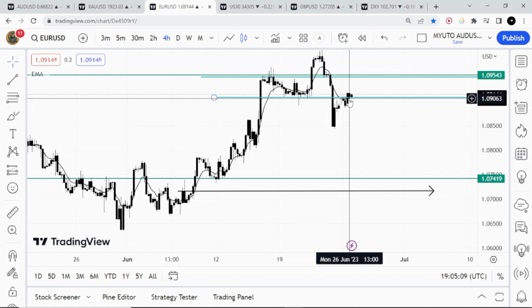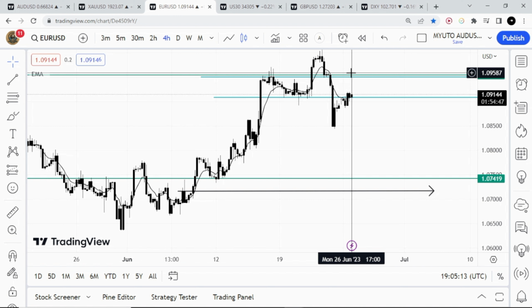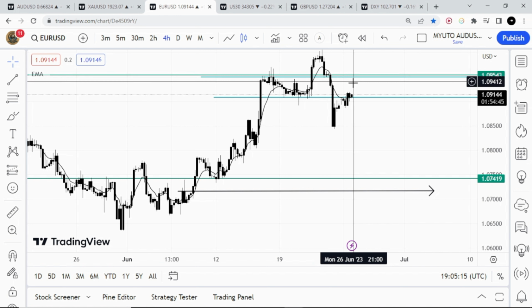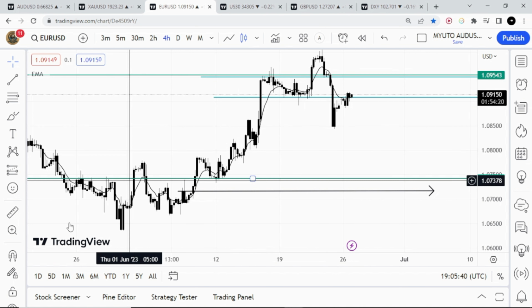If it does not find resistance here, we might come up to 1.0958 or 1.0950. That's where we might see price coming. Then if it comes to 1.0950, we might see a fall.